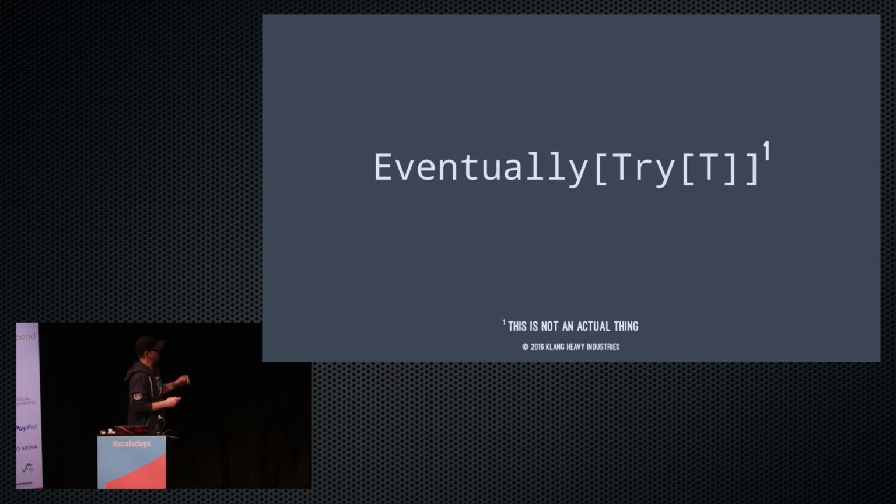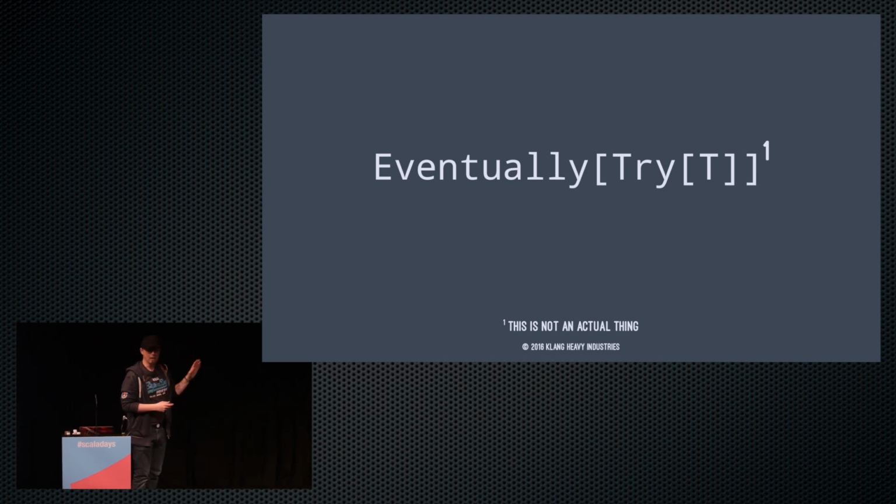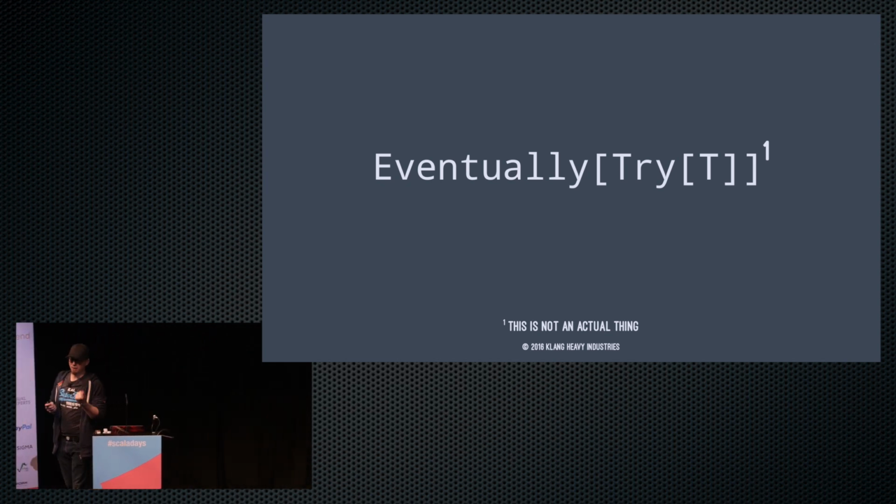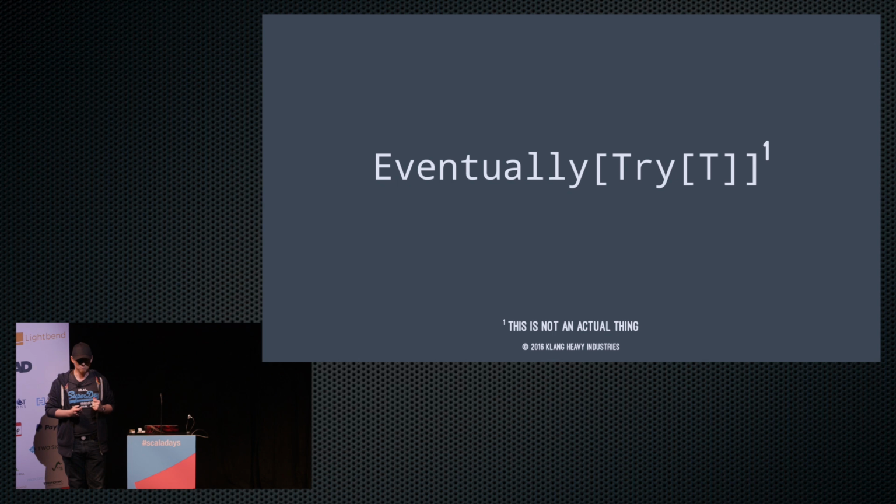So in types, it would be like an Eventually of Try of T, right? Eventually is not an actual thing, but it's eventually a Try, which is a data structure that represents a value of type T or an exception.